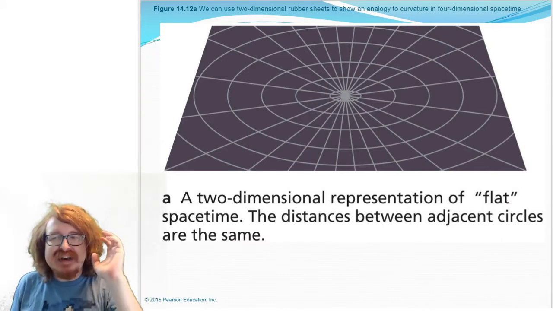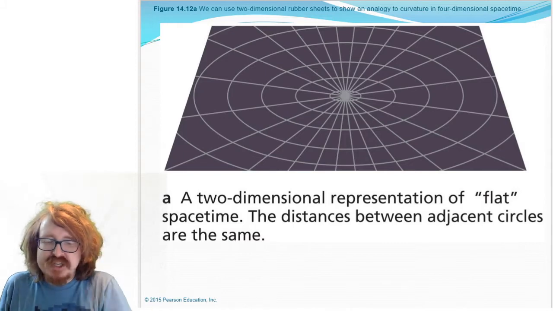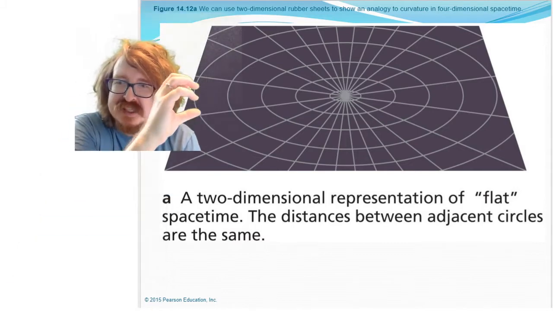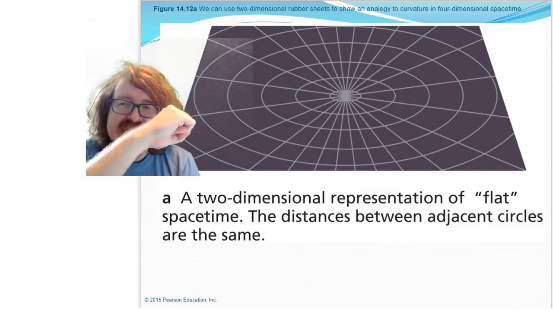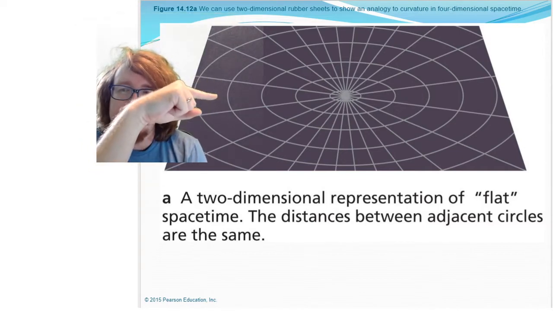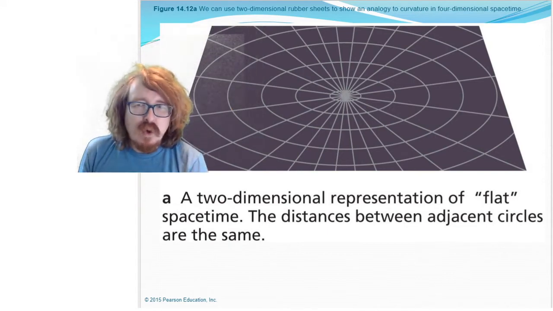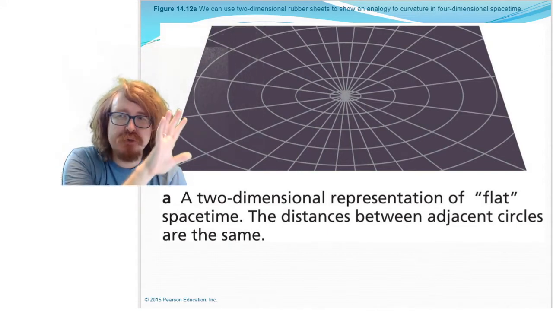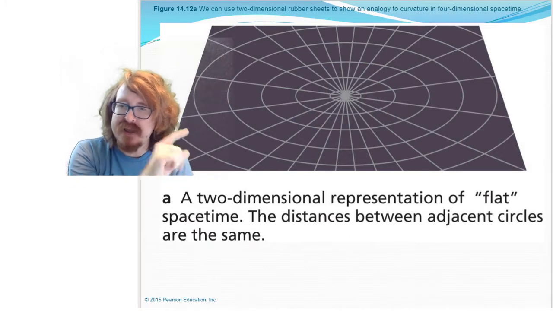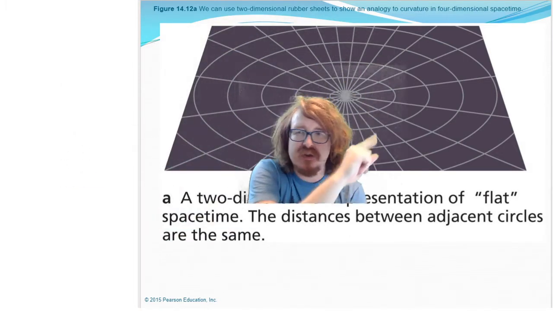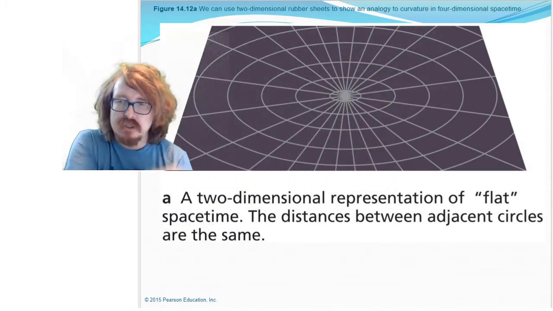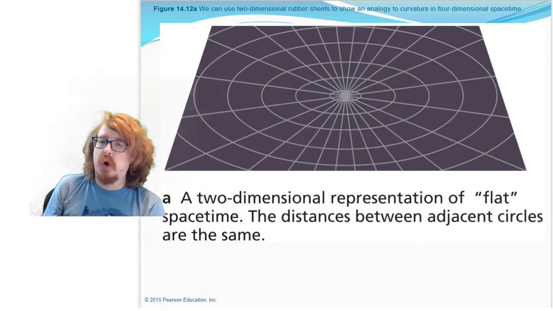Now, imagine that I took a tennis ball, and I set it right here on the sheet, and I gave it a flick. I just rolled it that way. What is its path through this universe going to look like? Is it going to zigzag like this? No. How is it going to roll on this universe?